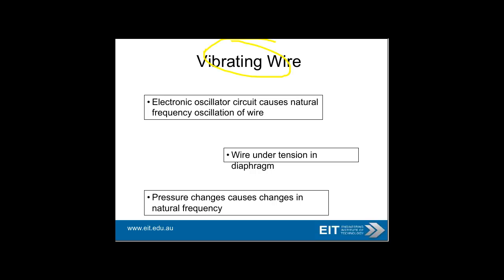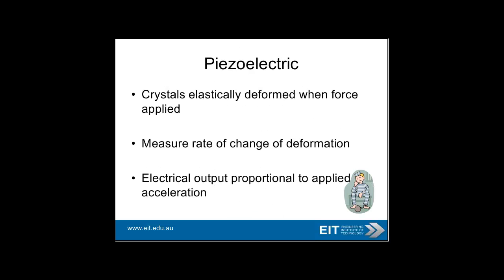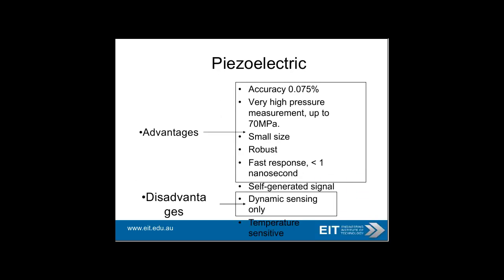Vibrating wire is another one. Electronic oscillator circuit causes natural frequency oscillation of wire. Not going to worry about that. Piezoelectric is another one. You know, the piezoelectric crystals. When you deform a crystal due to a force, you will see the rate of change of deformation gives you an electrical output. Used in crystal radio sets as well.